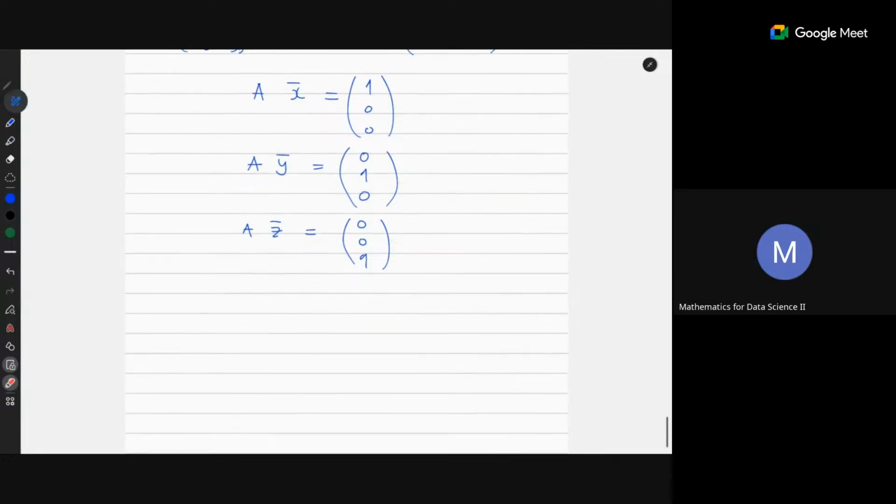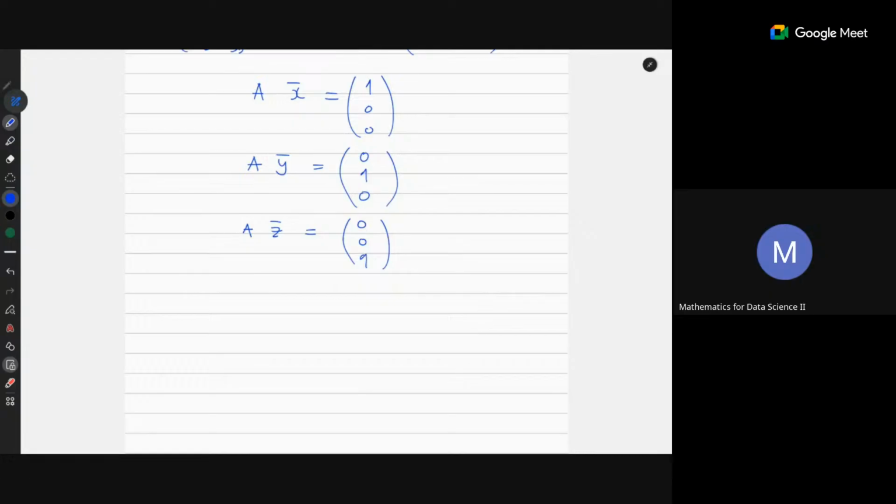But instead of doing it separately, we will do it all together, because converting A into row echelon form is a one-time thing. The same steps you follow for the first system, you will follow for the second and the third system also. All right, make sense? So we will do all together.